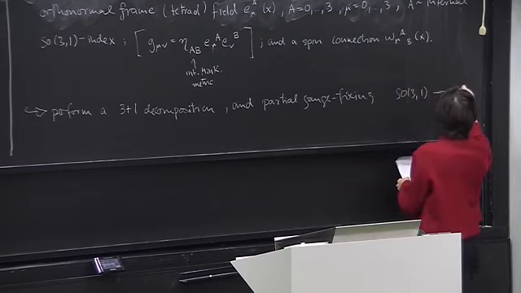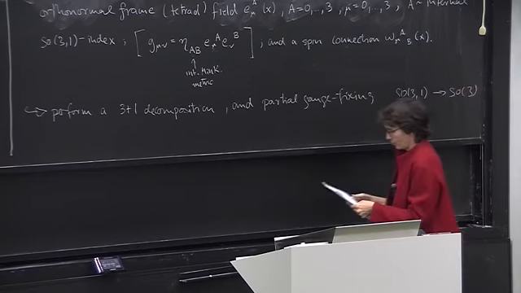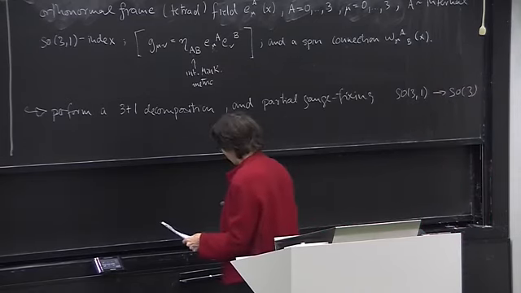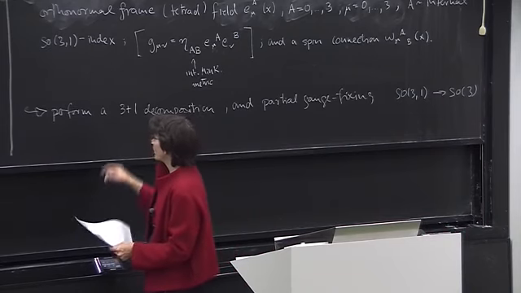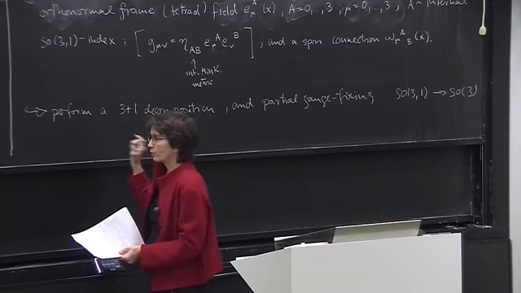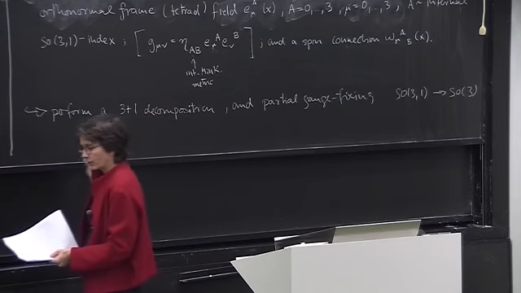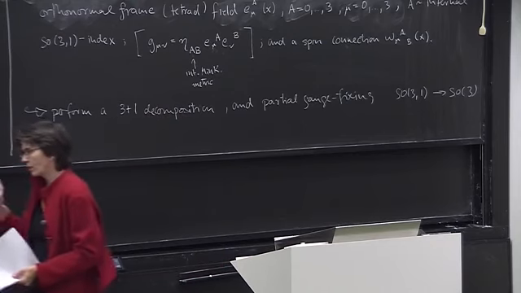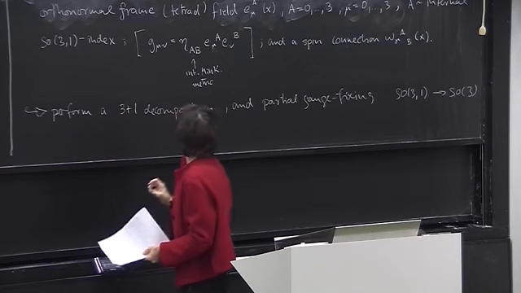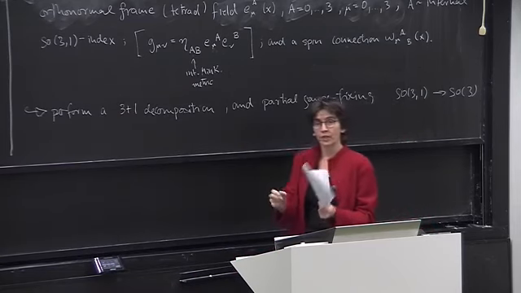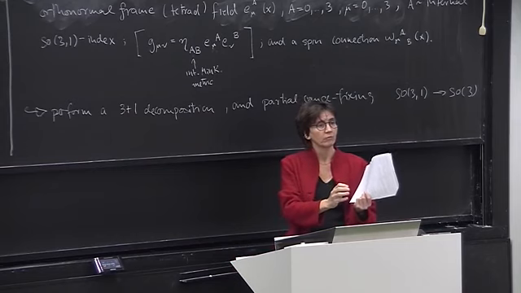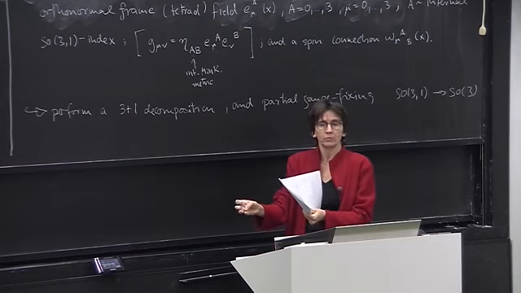SO(3,1) to SO(3). And then the marvelous thing is that the resulting variables one obtains in the Hamiltonian formulation look like Yang-Mills variables with internal gauge group SO(3). So they are just a gauge potential and a conjugate momentum.